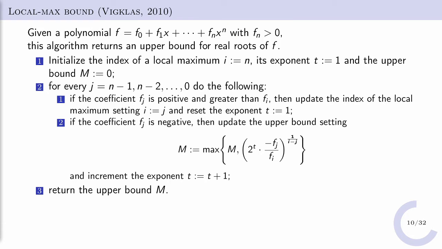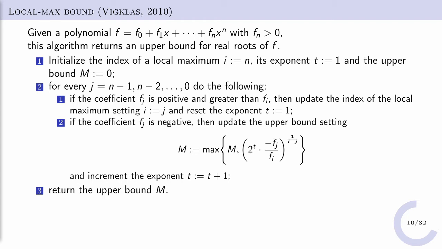We take the local maximum, which was the leading coefficient but might have been updated in the meantime, and we divide it by the successive power of 2. So we have fi over 2^t, and because this is in the denominator, we can write it here, with this negative coefficient here, and of course this exponent which follows from Stefanescu theorem. So this updates the bound for the roots of a polynomial.